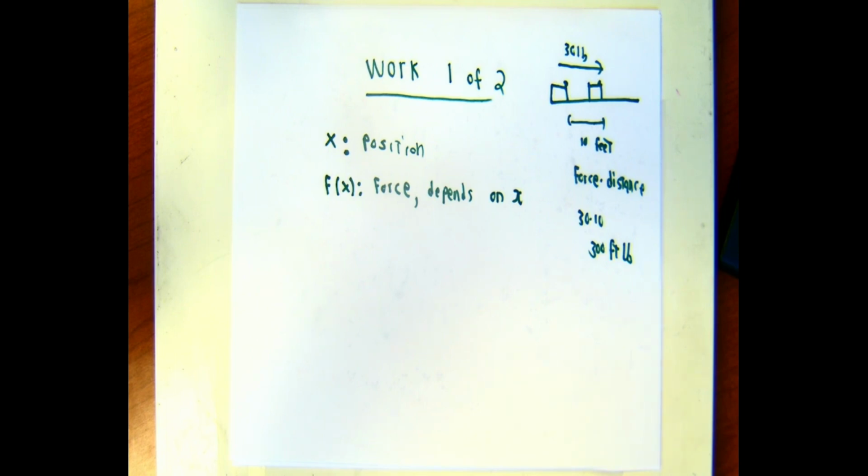And what we're going to be doing, things are a little bit more complicated than that. We are going to have some variable x that represents position, where something is located. Changes in x will represent how far the object is moving. Also, we'll have a force. The force will still be acting along the direction that the object moves, but the magnitude of the force may vary.